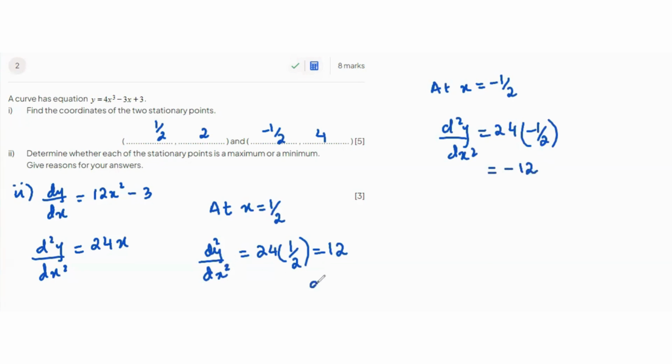So in the first case, our second derivative is greater than 0, which means it's a minimum. And over here, since the second derivative is less than 0, it's a maximum. So the stationary point at x equals 1 over 2 is a minimum and the stationary point at x equals negative 1 over 2 is a maximum.